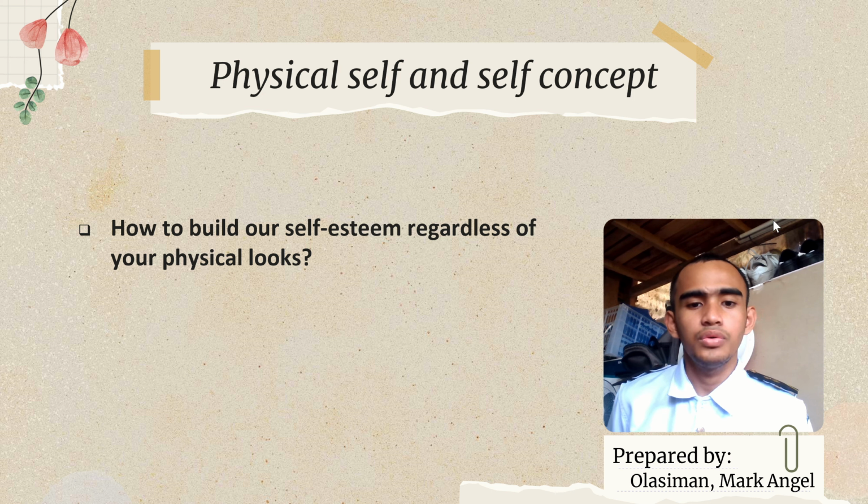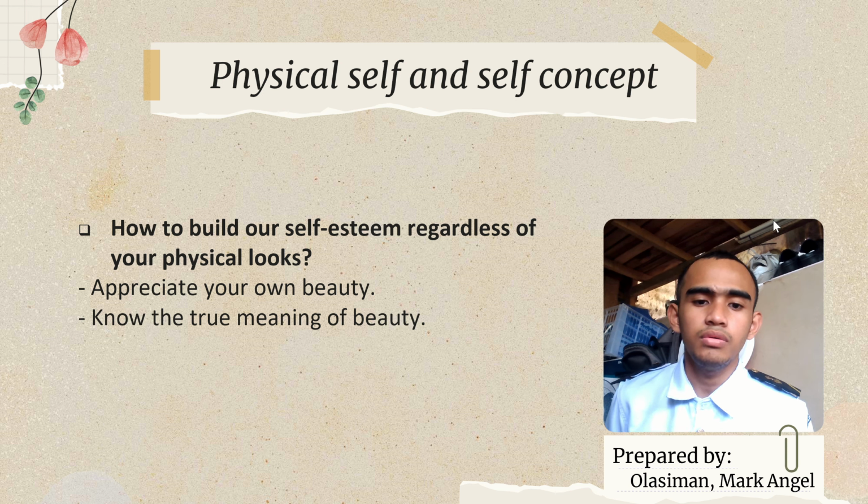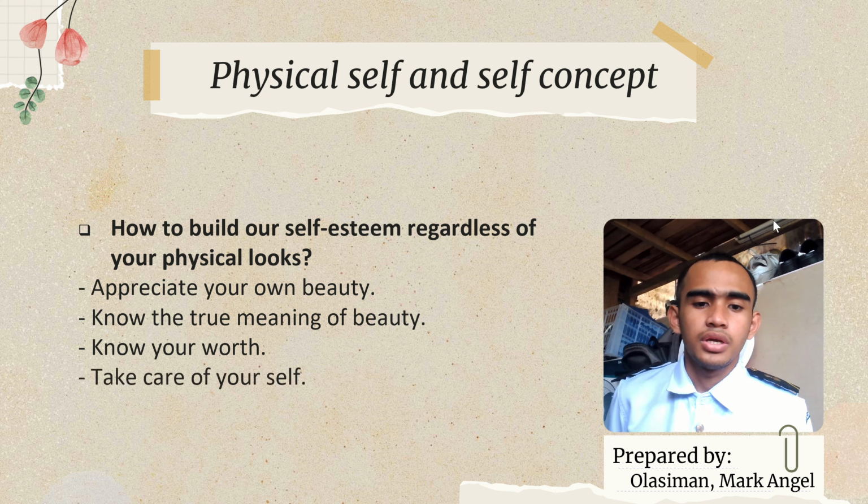So how do we build our self-esteem regardless of our physical looks? First, appreciate your own beauty. Second, know the true meaning of beauty. Third, know your worth. Fourth, take care of yourself. Then last, be confident of yourself.